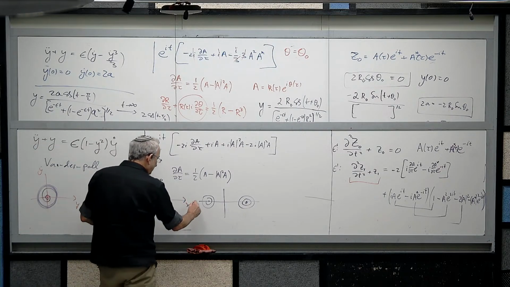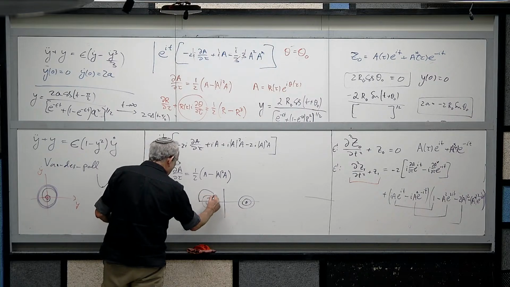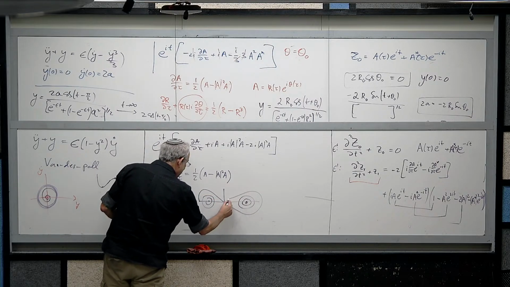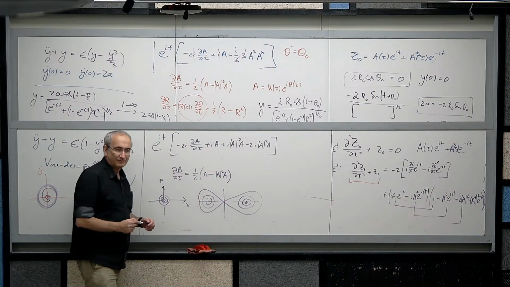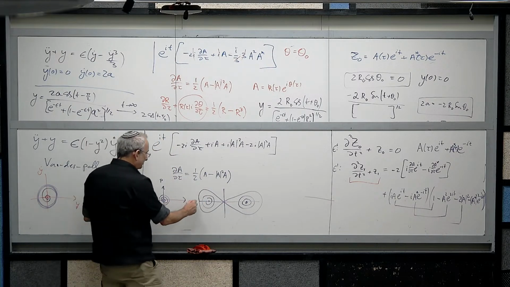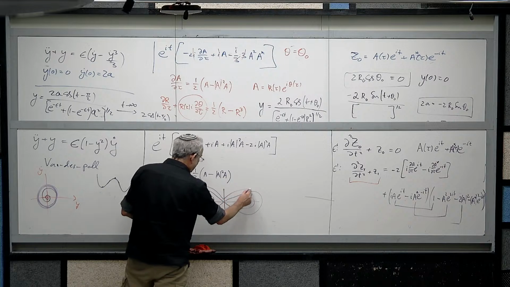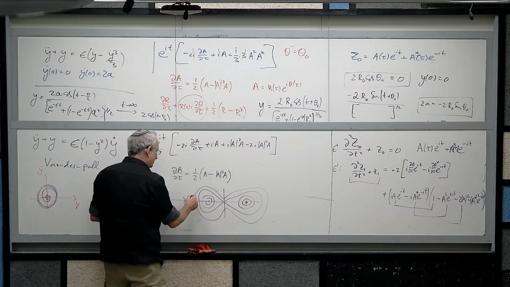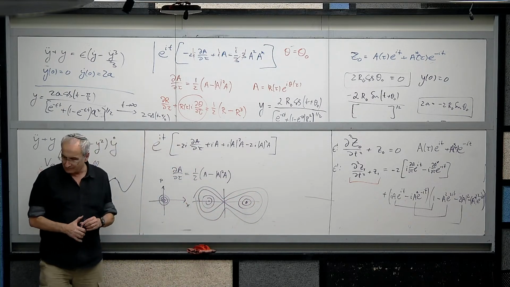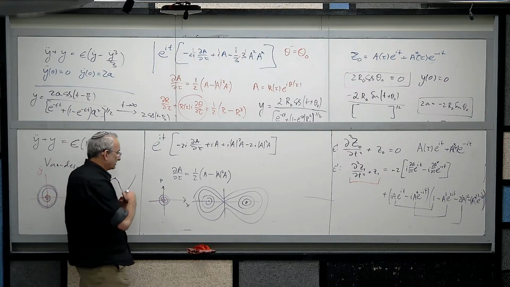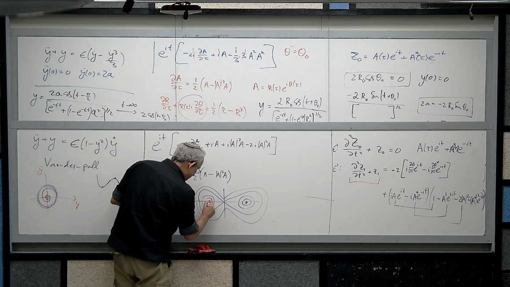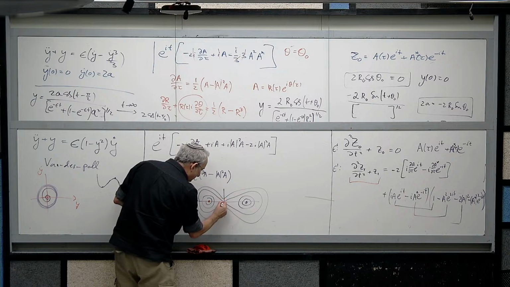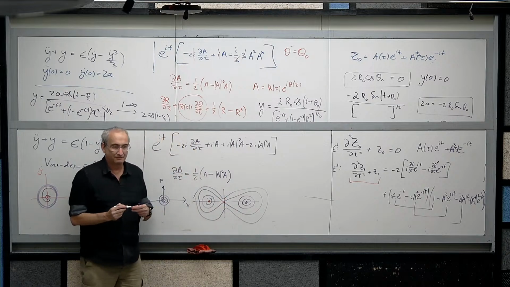So if you think about it a little bit more, you find out that you have something like that. And then above it, at higher energies, it is doing something like that. Now, such a point is called a center, and such a point is called a saddle.